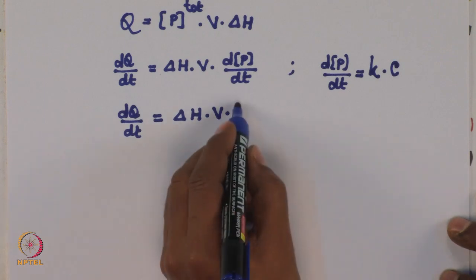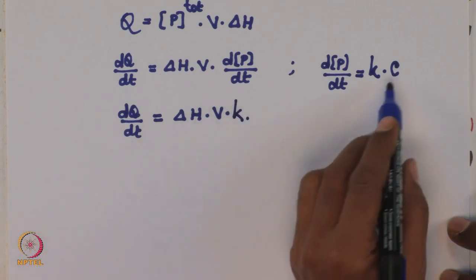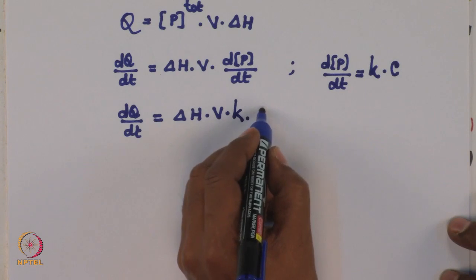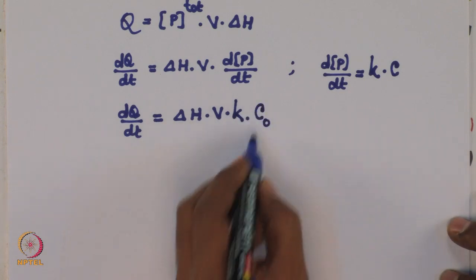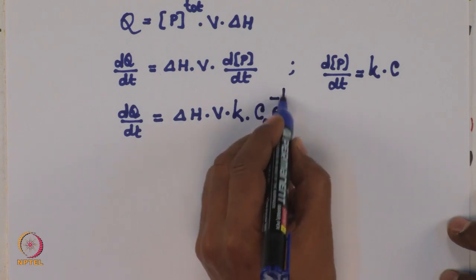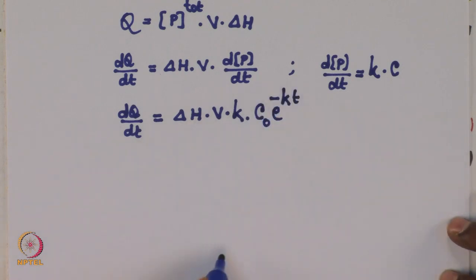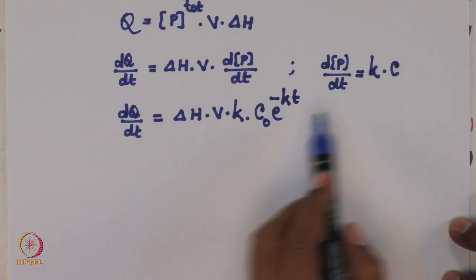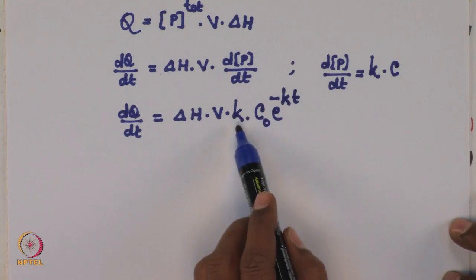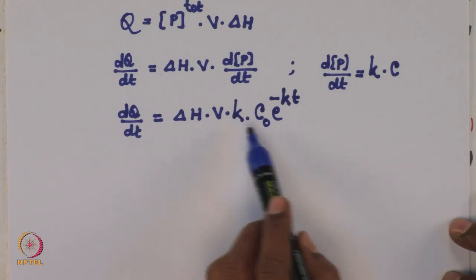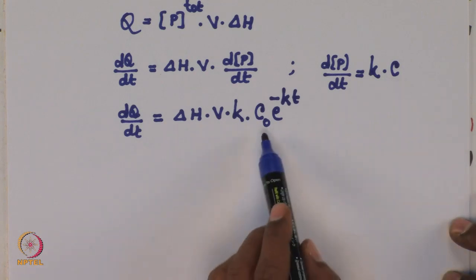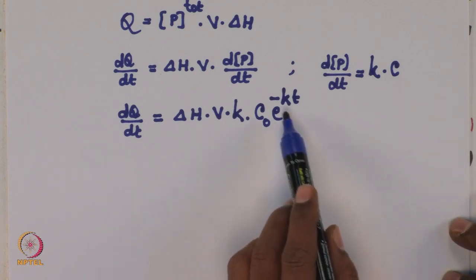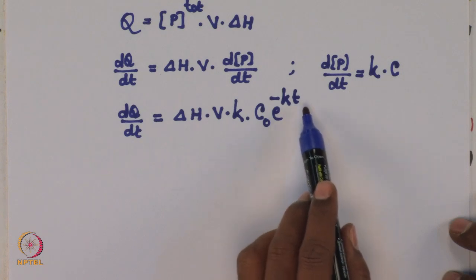So, if I write this is equal to K, and for a first order reaction C is nothing but equal to C0, where C0 is the initial concentration of the protein, exponential minus K times T. Try to understand this step where I am retaining K as K, and instead of C I am writing C0 into exponential minus Kt.